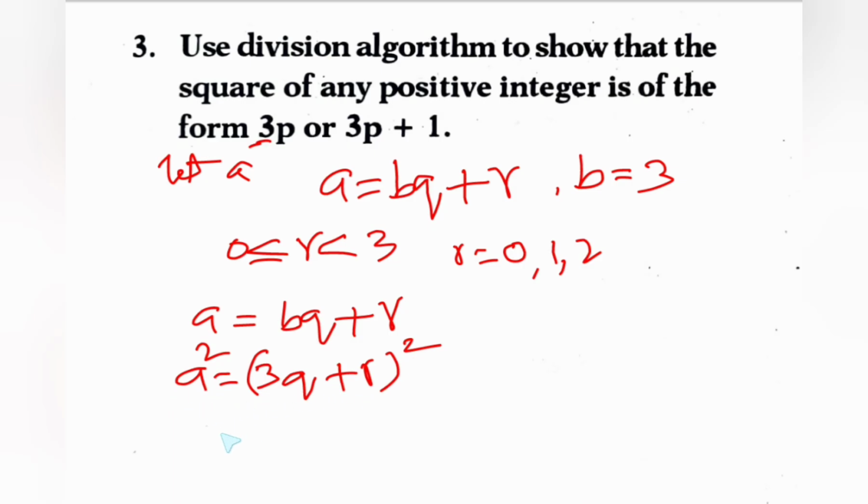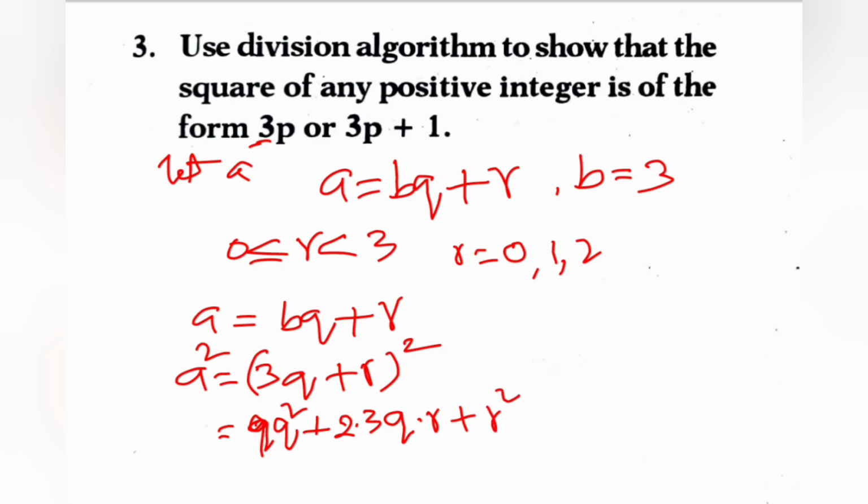But is it in the form of a plus b whole square? Now a square is 9q square, plus 2ab means 2 into 3q and r, plus r square.